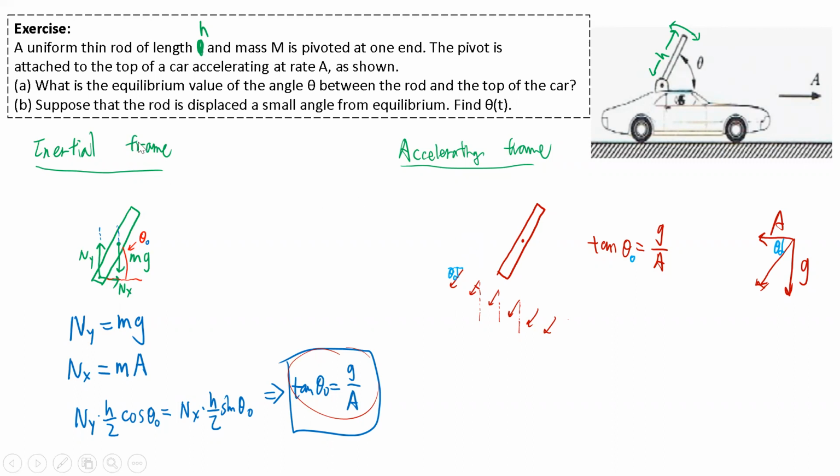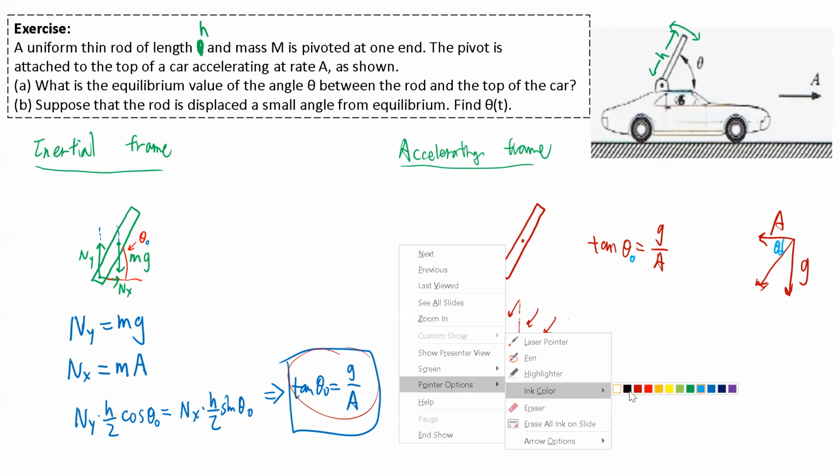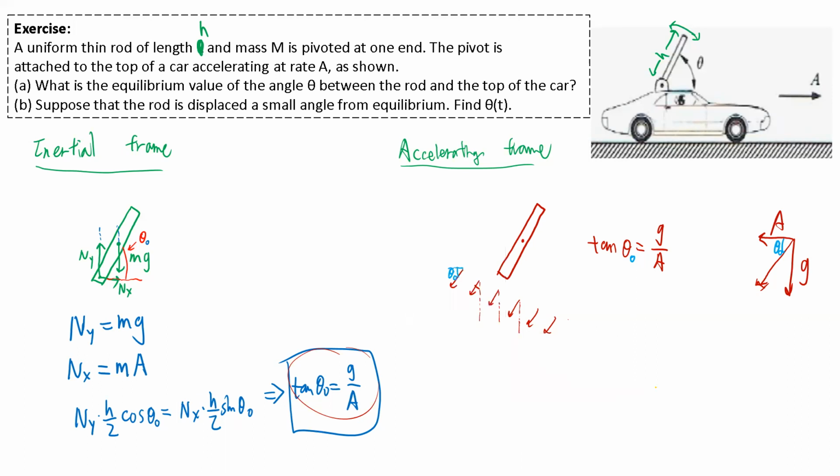Now let's do part B. What do we have in part B? Now I am at equilibrium position, and then I displace it. I just give this rod a small kick, so that the rod is now a little bit tilted with respect to this position here.